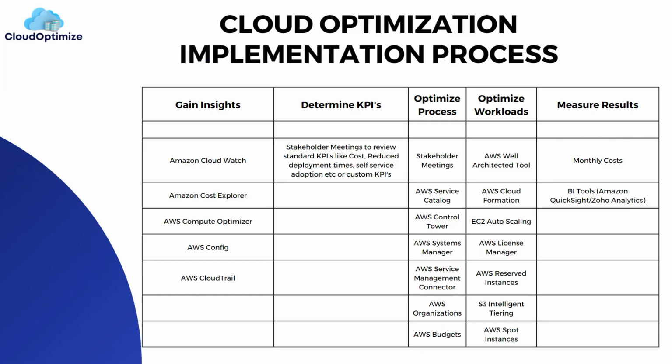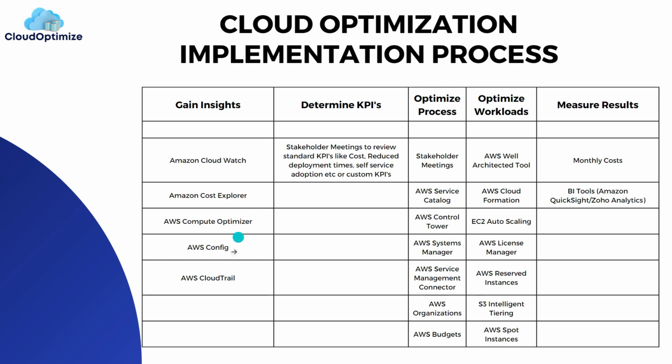So here it is. During gain insights, first we are going to implement, based on your AWS infrastructure and what you have going, some or all of these AWS products like CloudWatch, Cost Explorer, Compute Optimizer, AWS Config, CloudTrail.